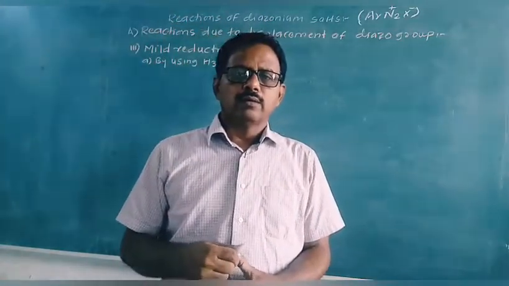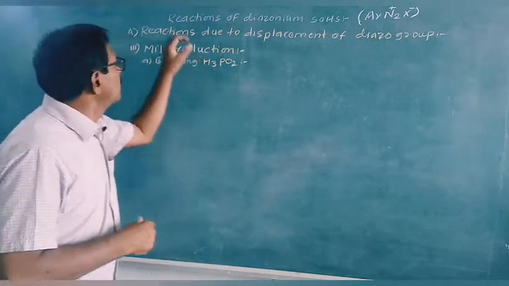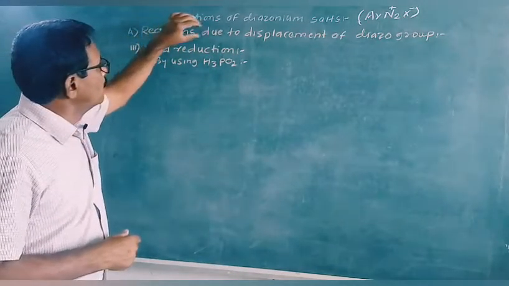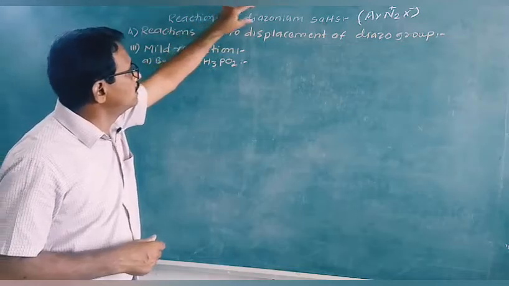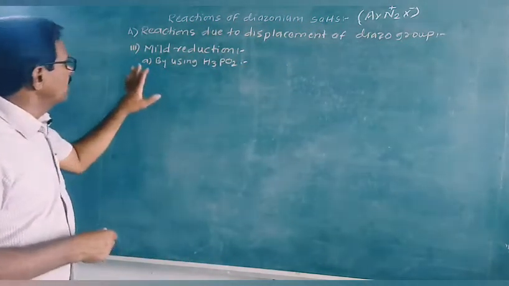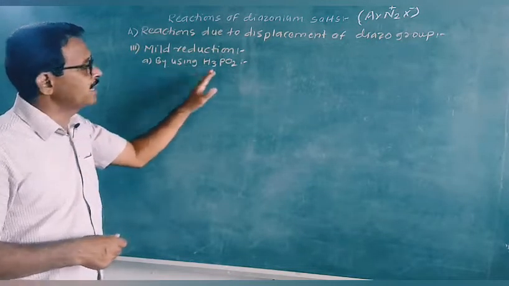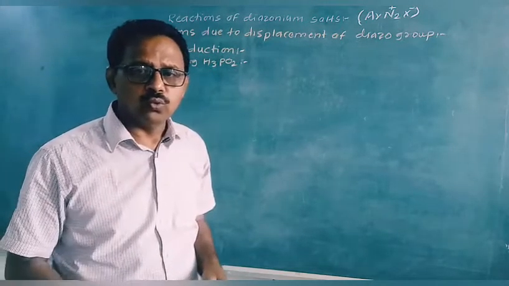Now the third reaction of benzene diazonium salts, arene diazonium salts, is mild reduction by using a reducing agent like H3PO2.